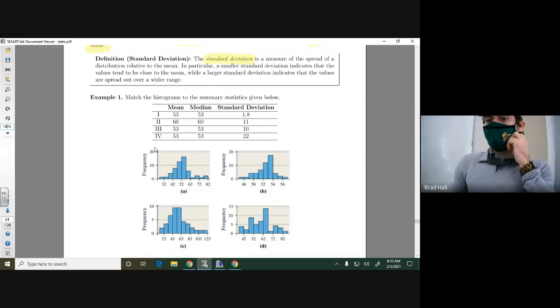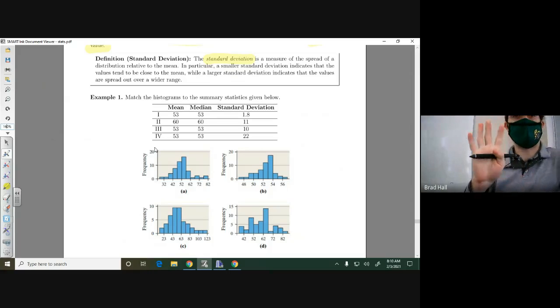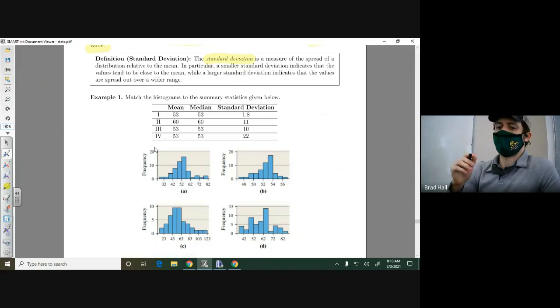So with that definition in mind, we want to match each one of these four different data sets to the corresponding collection of summary statistics.